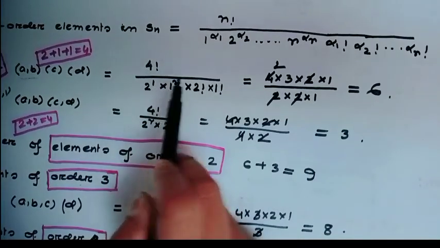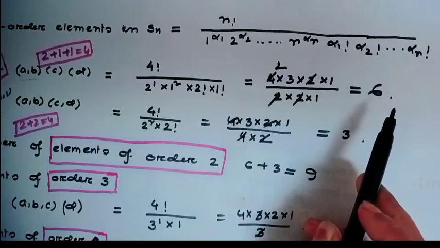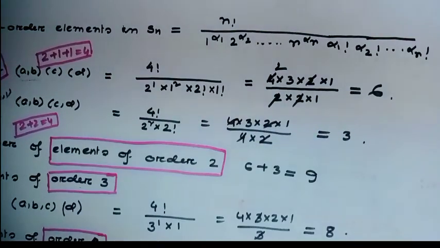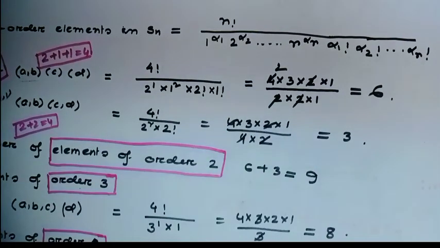After calculating, the value is 6. Are you getting how to find elements of any order in a permutation group by this formula?